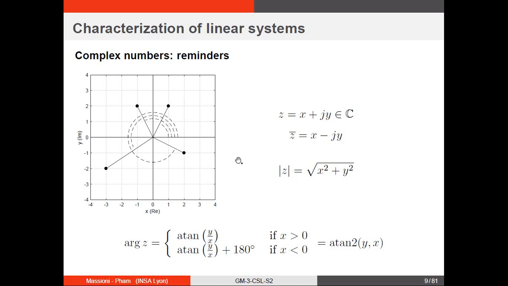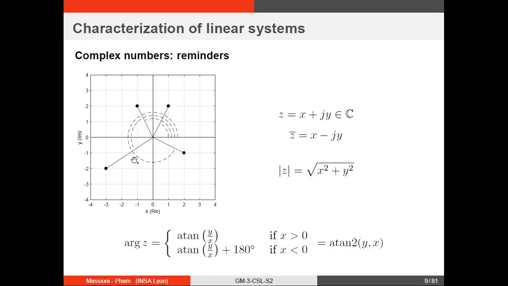You can just see, for example, you have a number here and a number here, exactly symmetric with respect to the center. Y divided by x is the same, but the angle is not the same. This one is like 60 degrees, and this one is 60 degrees plus 180.